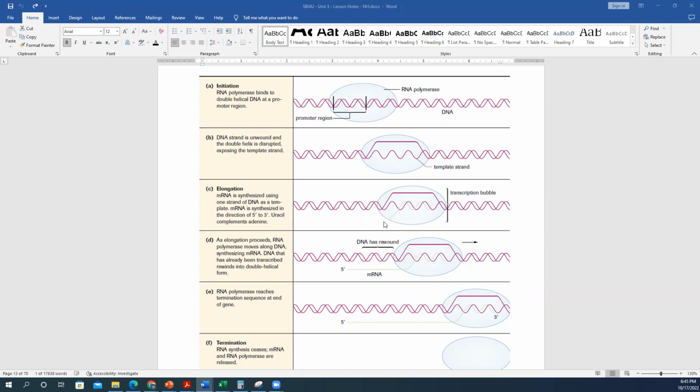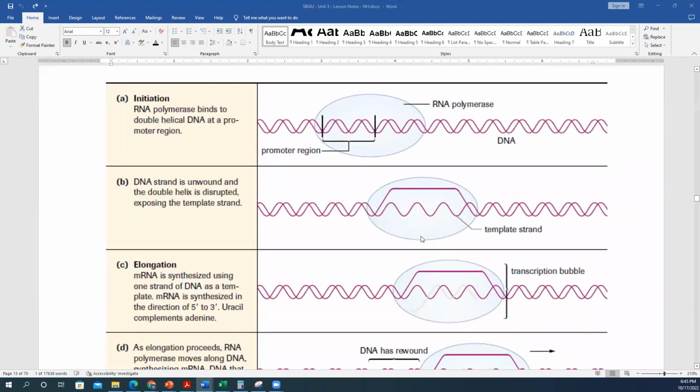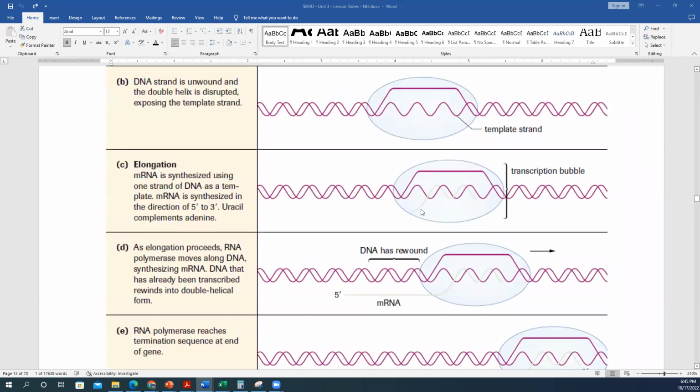that single-stranded message, and we're showing it here, I'm just going to zoom in a little bit more. This light green string here is supposed to represent the mRNA. So RNA polymerase starts to make mRNA using the template strand as the template.